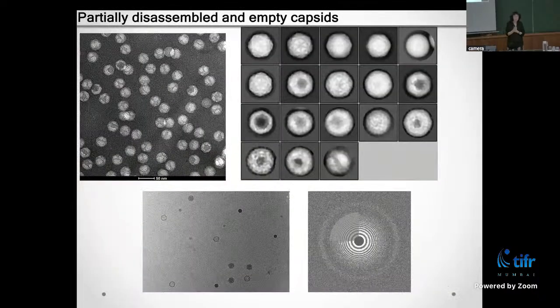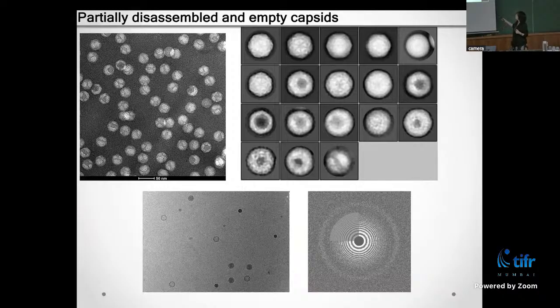But because disassembly is not a synchronous process, it's not something we can synchronize across all particles. When we take these particles from either of the peaks and put them on a cryo-EM grid, trying to see what the different states are, what we find again is a combination of different states.